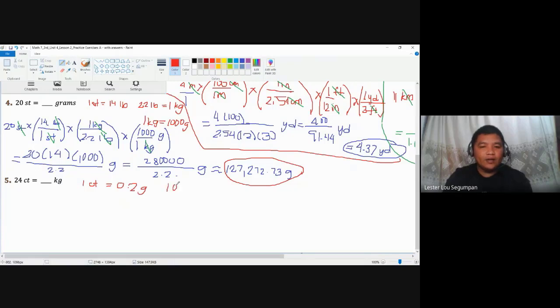And again, 1000 grams is 1 kilogram. So let's try to convert this. You have 24 carats times 0.2 grams is 1 carat, times 1 kilogram is 1000 grams.